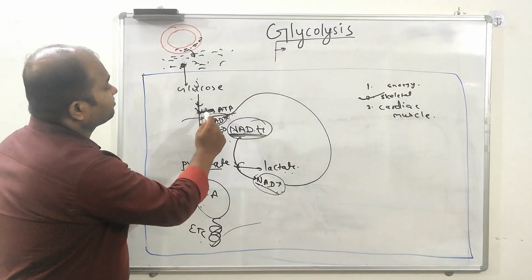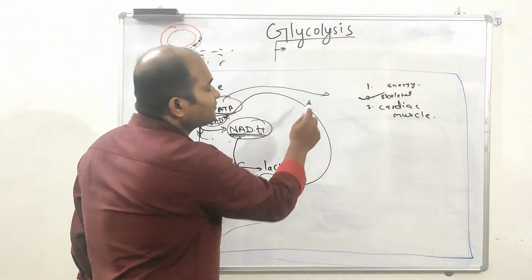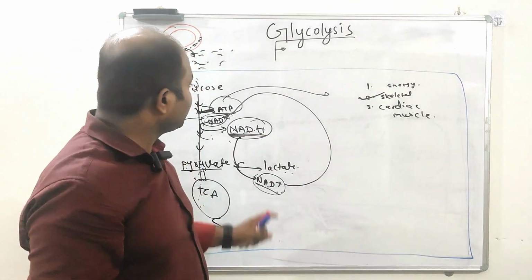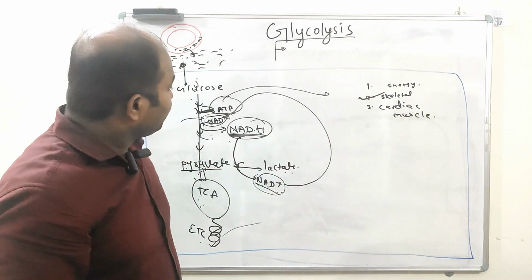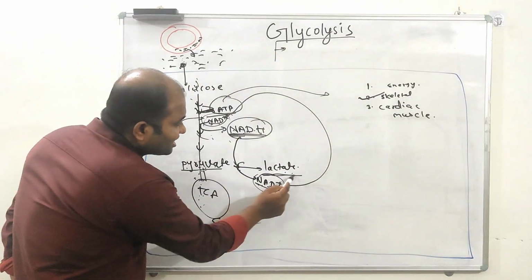At least you will get ATP, and that ATP will help for a certain period of time for the survival of the cells, right? ATP is nothing but energy. So in skeletal muscles, lactate production is happening.